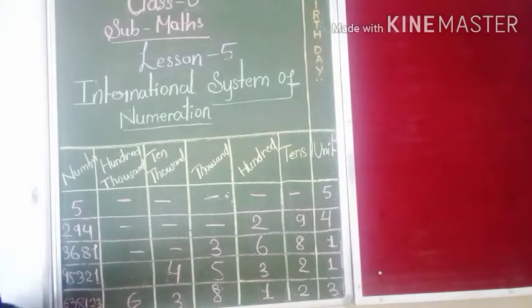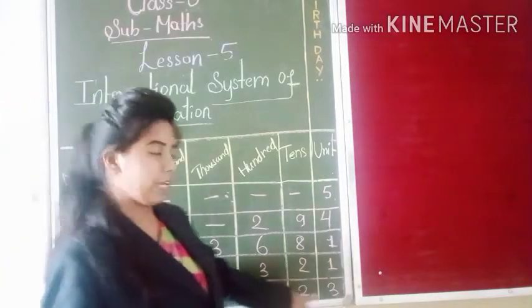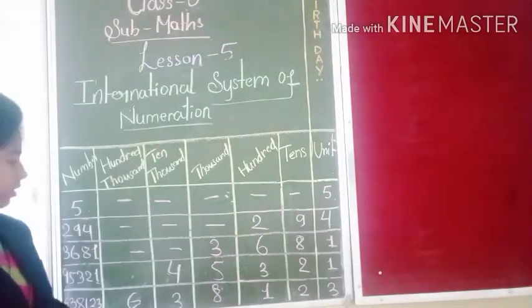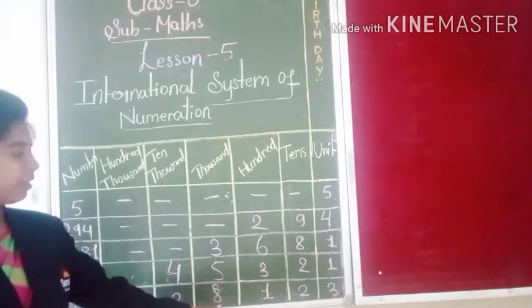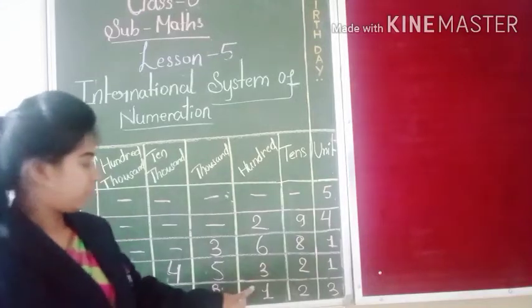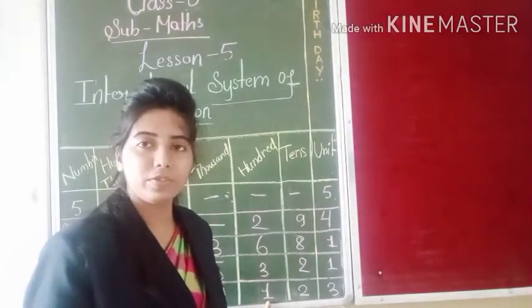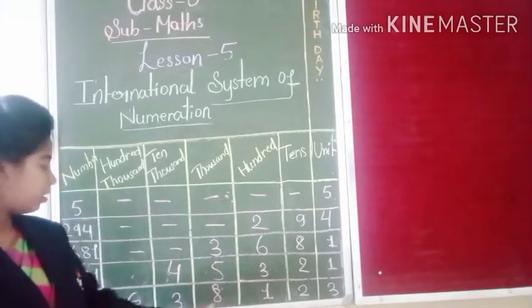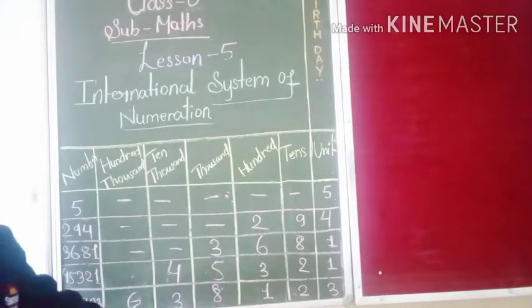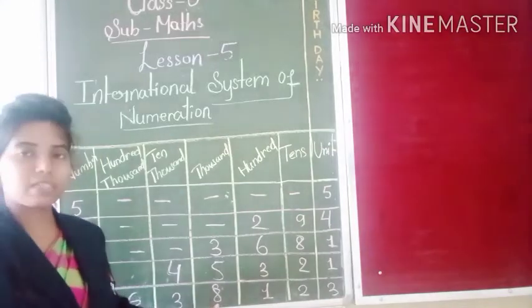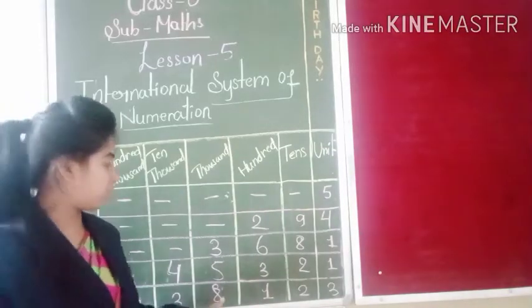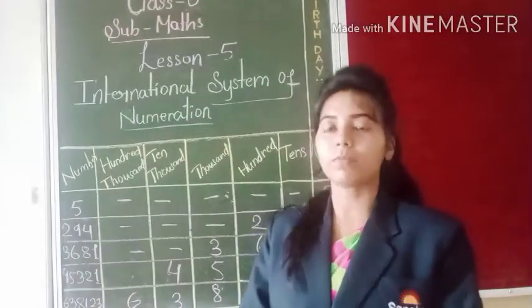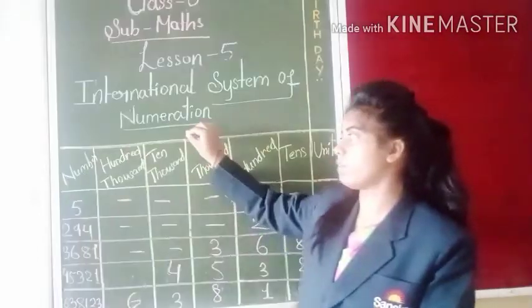How many digits? 1, 2, 3, 4, 5, 6. Six digits are here. So how do we read this? 638,123.